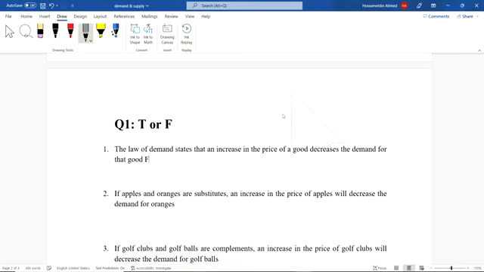Suppose we have such a demand curve here, prices, and here are quantities. On the vertical axis, we drew prices, while on the horizontal axis, we drew quantities. For prices to be high, quantity demanded is low.